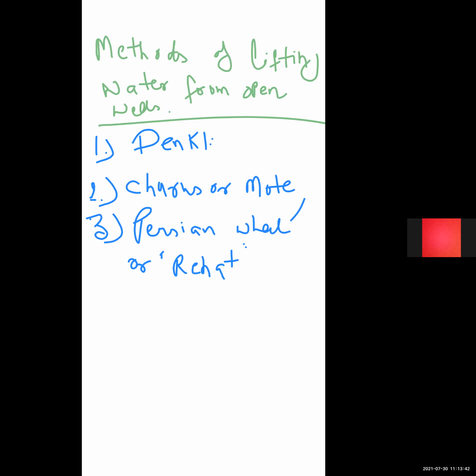The second method is Churus. This arrangement is used for lifting water from lined open wells and can be conveniently used for wells up to 30 meters deep or more. This method of lifting water uses animal labor. It consists of a leather container called mot, whose shape is like a funnel.